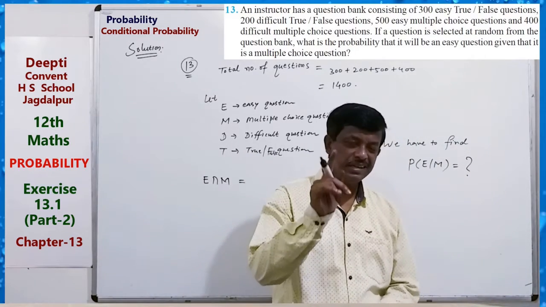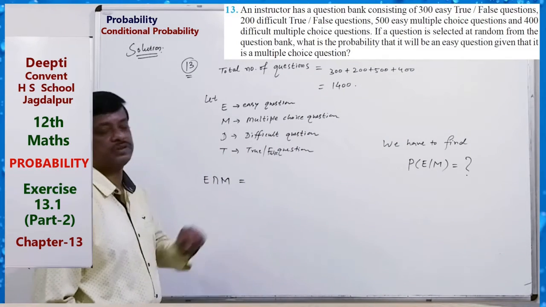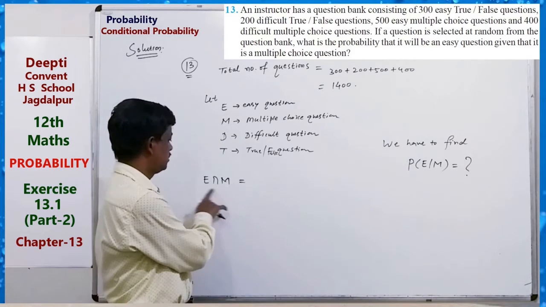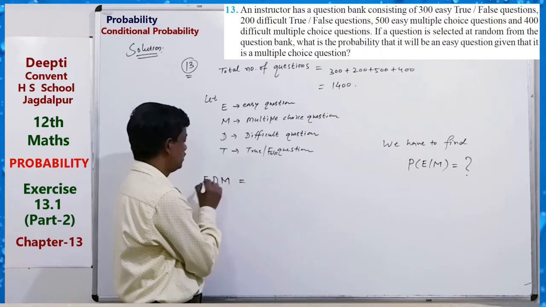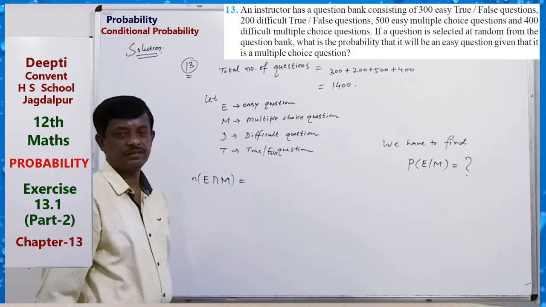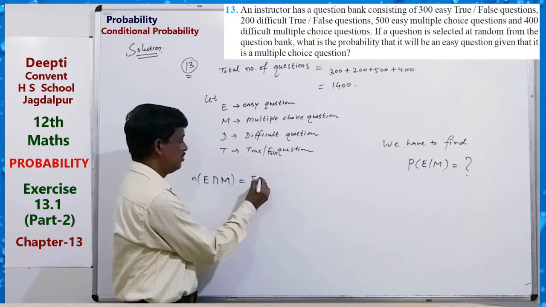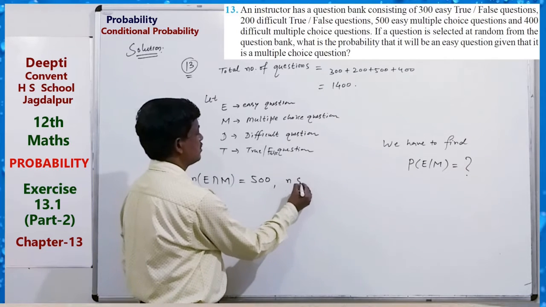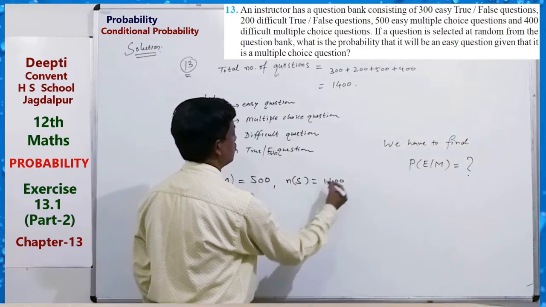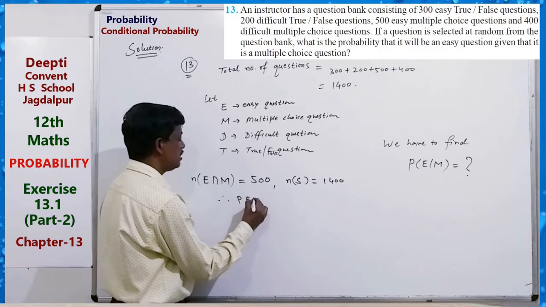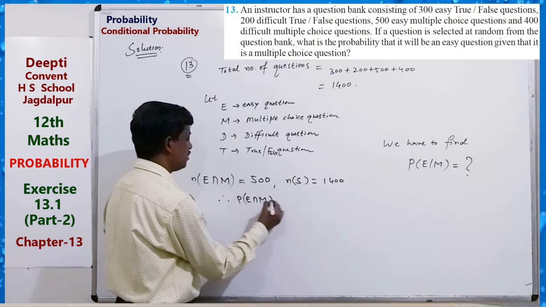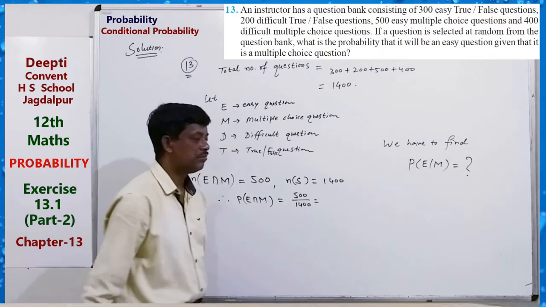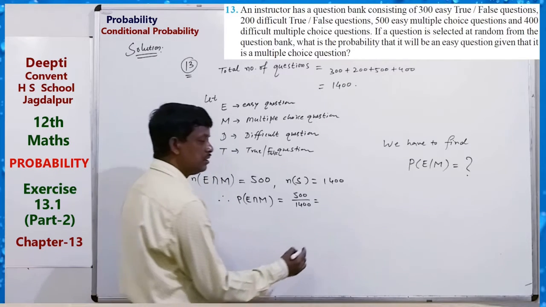E is easy questions and M is multiple choice questions, so E intersection M is easy multiple choice questions, and the number of elements here is 500. The total questions number 1400. Therefore P(E intersection M) equals 500 upon 1400, which equals 5 by 14.